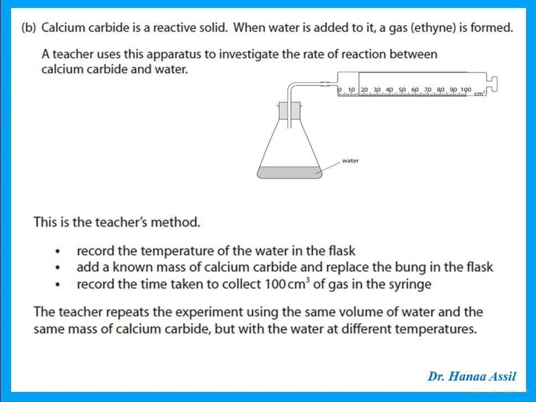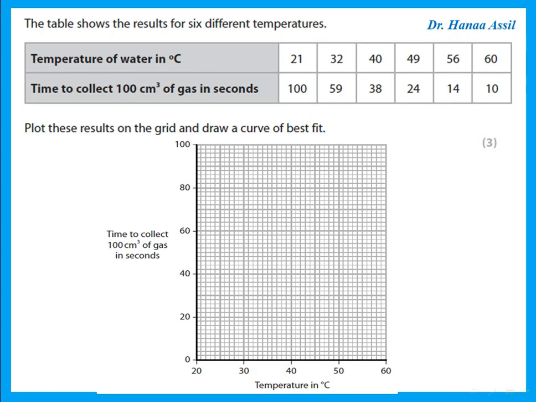The teacher repeats the experiment using the same volume of water, the same mass of calcium carbide, but with water at different temperatures. So basically, he's trying to get the effect of different temperatures on the rate.